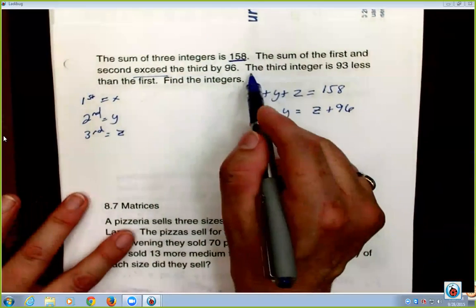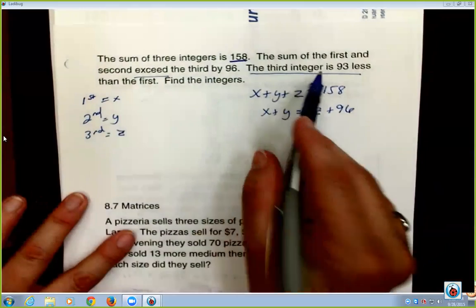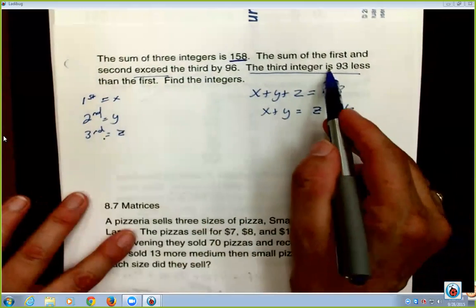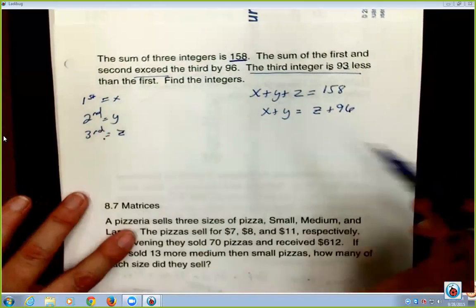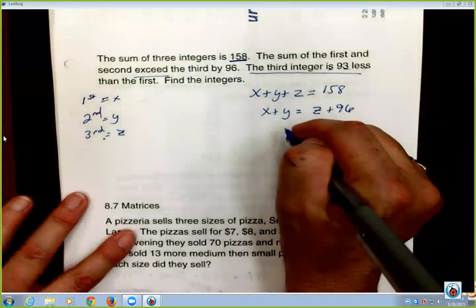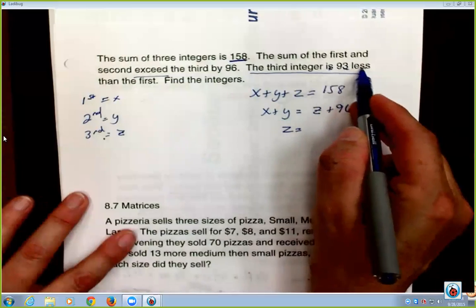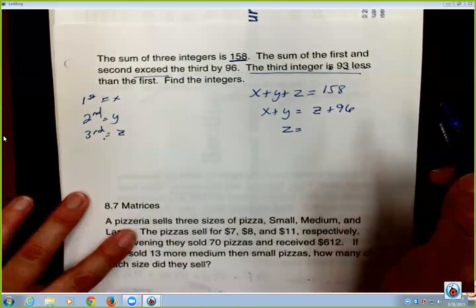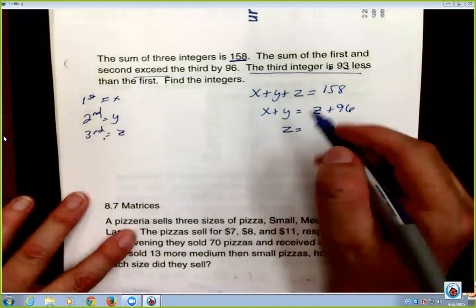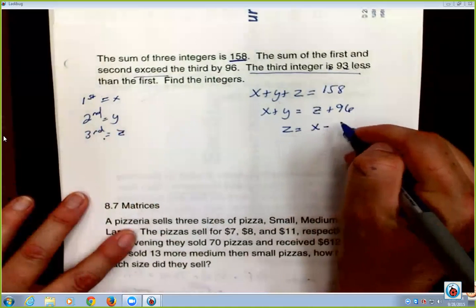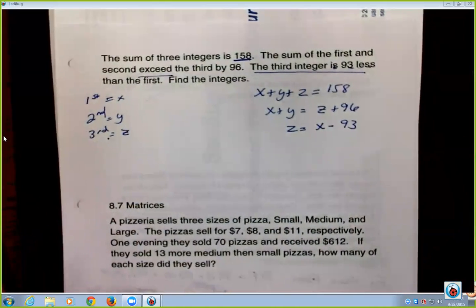And then finally, the last sentence says the third integer, z, is 93 less than the first. So z equals 93 less than, that means a subtraction of the first. So x minus 93 would be what we would get with that.